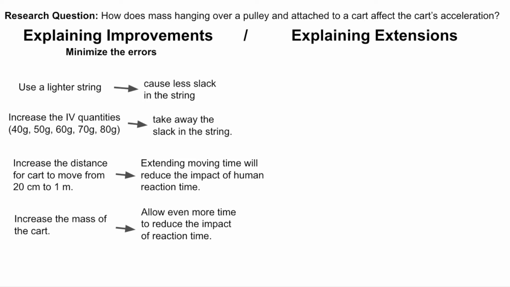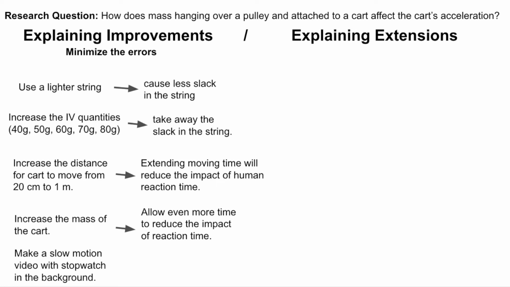Now, even better would be if we could get rid of human reaction time in total. And there are a lot of ways that you can do this. I'll just point out one here. You can make a slow motion video of the experiment and have a stopwatch in the background. So that allows you to go frame by frame and see exactly at what time the cart was at different places.